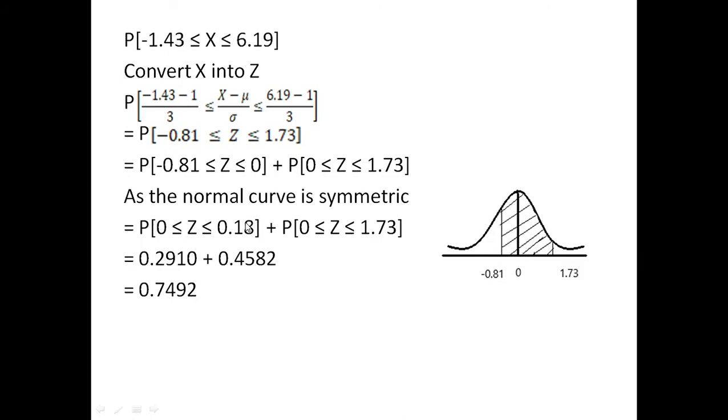So first of all we have to change this minus into a plus sign, because I have told you before that this normal curve is symmetric around its mean. So the area to the left and the area to the right of this 0, or this mean, is identical.